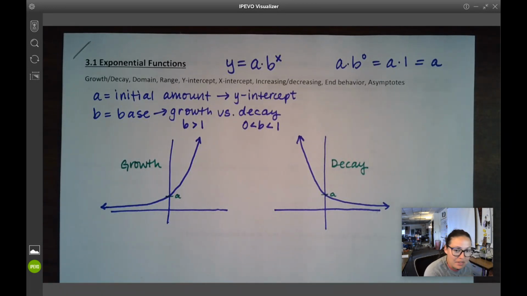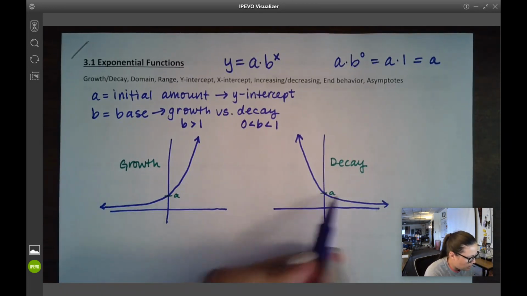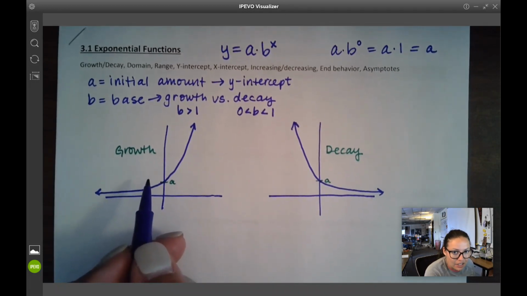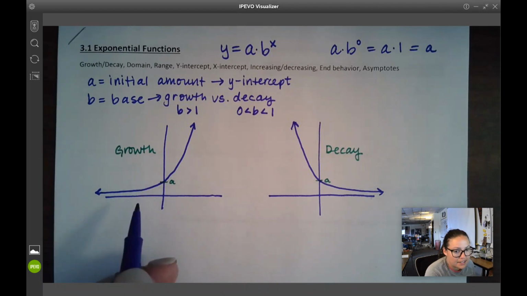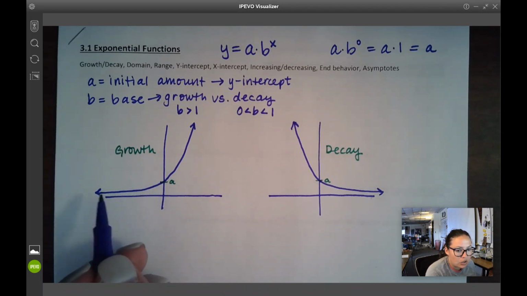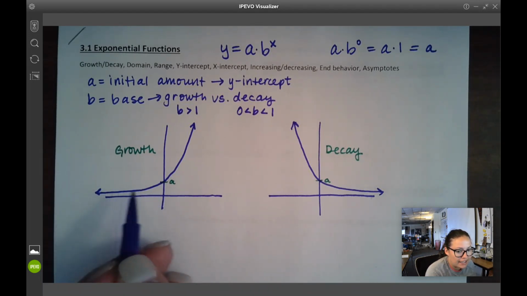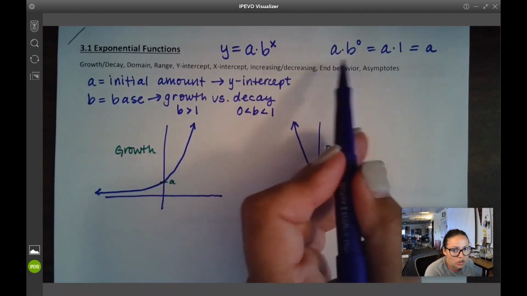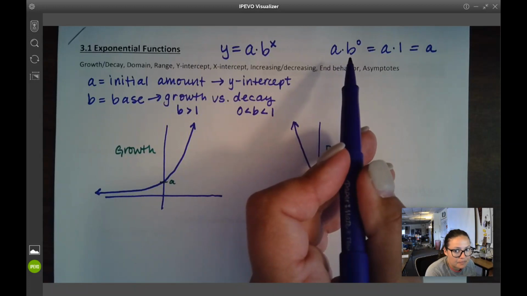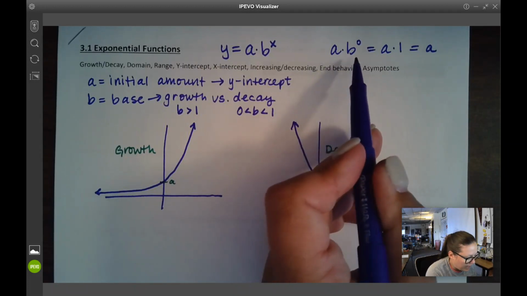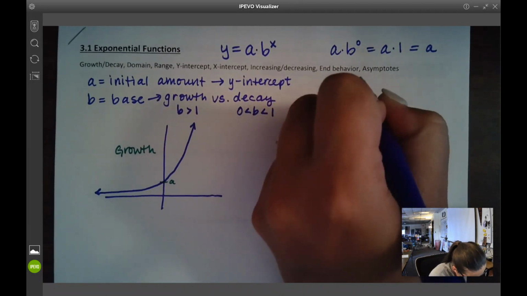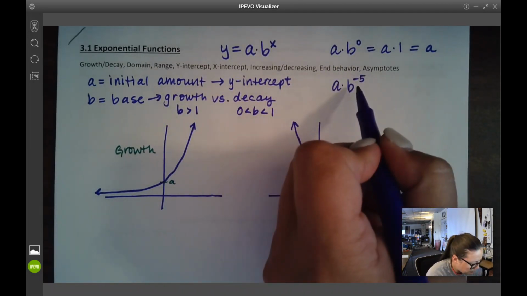But one important thing to note is that this function, whether it's growth or decay, will not touch the x-axis. Okay, so let's imagine I plug in negative numbers. Again, we'll go to our very generic case here. Even if I have a negative exponent, let's say I have a times b to the negative fifth.